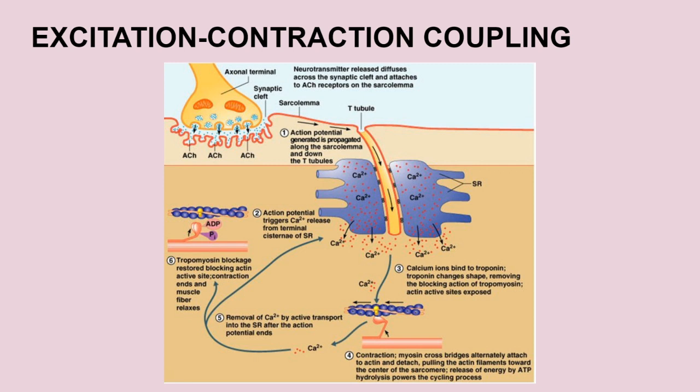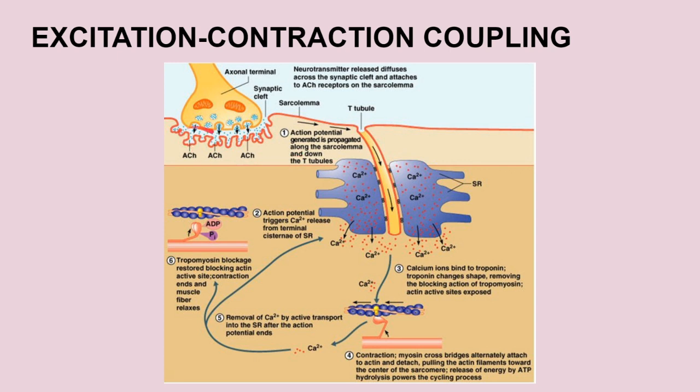But this EPP is non-propagating, so more and more sodium ions have to come inside the muscle membrane, and the greater positivity of the depolarization of the action potential of the muscle membrane will cause the propagation of the impulse inside the membrane, and will cause the contraction of the muscle.